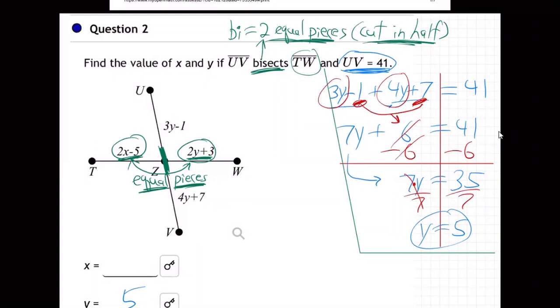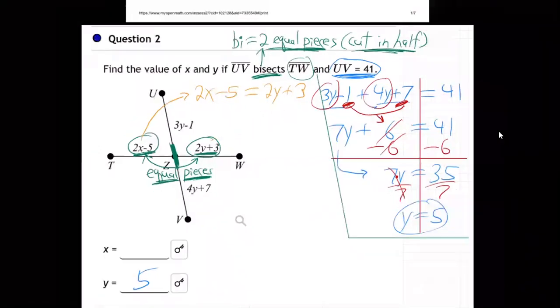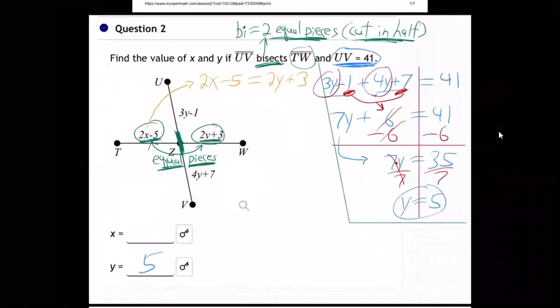Okay, so then that means we can say, oh, okay, so then 2x minus 5 must equal 2y plus 3, right? Because it cuts it in half. So they must be equal. And not only that, what do we already know?